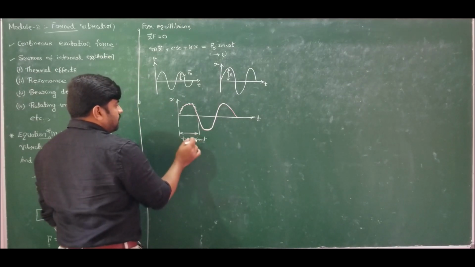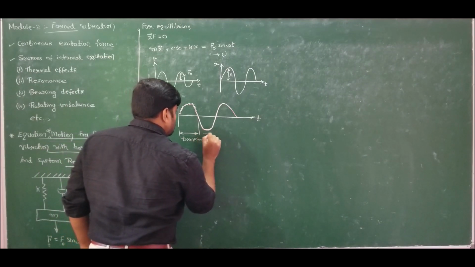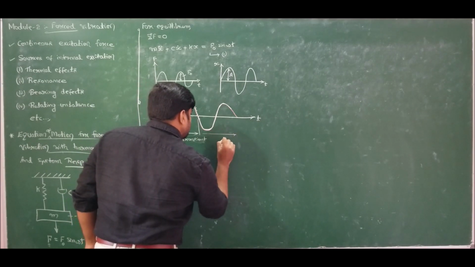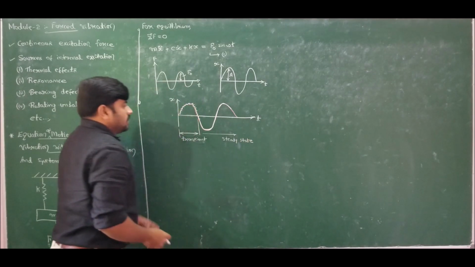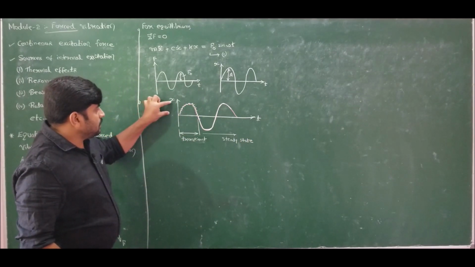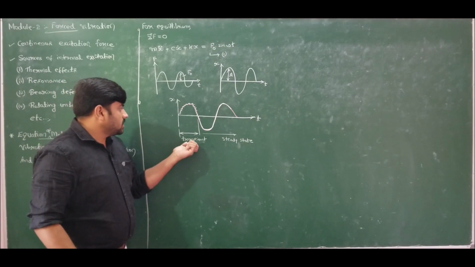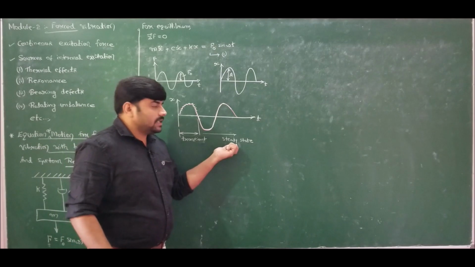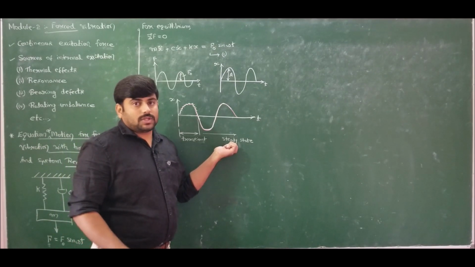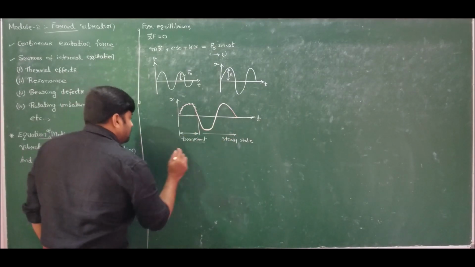So this is the transient part, and here we have the steady state part. The solution, that is the system response in the transient part, is called the complementary solution, whereas in the steady state part it is called the particular solution.